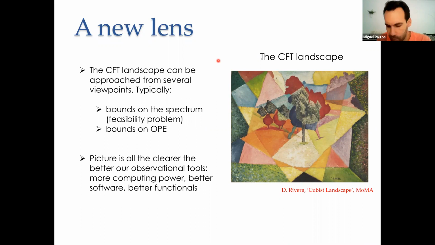This passes through having more computing power, better software applications, and also better functionals. This landscape is really parameterized by our understanding of the crossing equation, and we probe this equation by applying functionals to it. If you have better functionals, then we have better information.